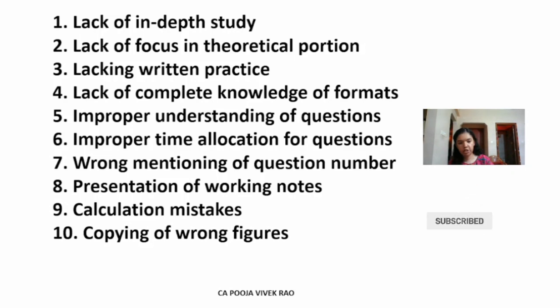The next error noticed was copying of wrong figures. As we discussed earlier, it was sometimes noticed that students arrive at the correct calculation, but later at the time of copying it into their answer sheet, they unconsciously interchange the digit places of the amount. For example, as we discussed earlier, rupees 1025 is written as 1052.